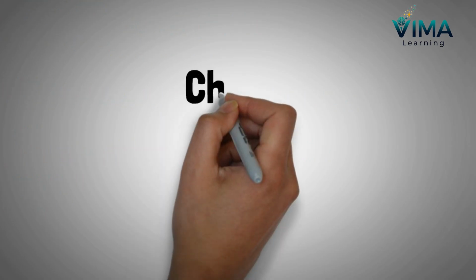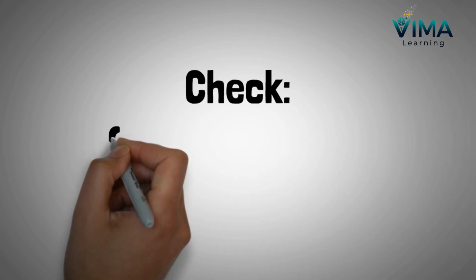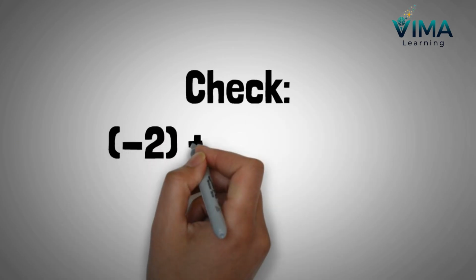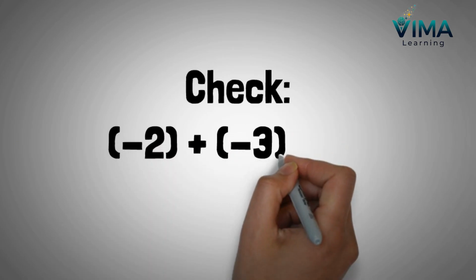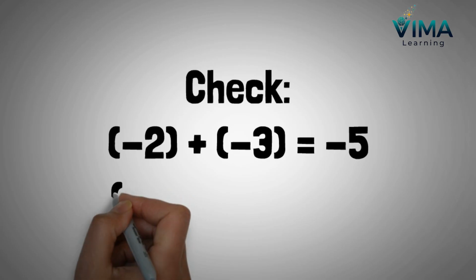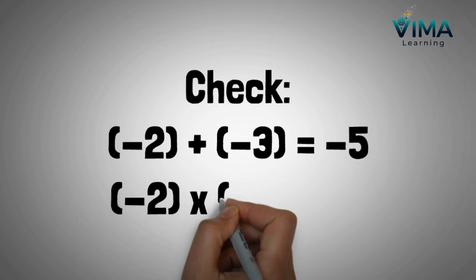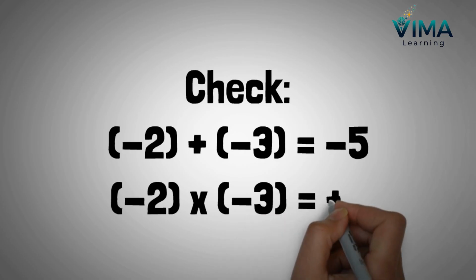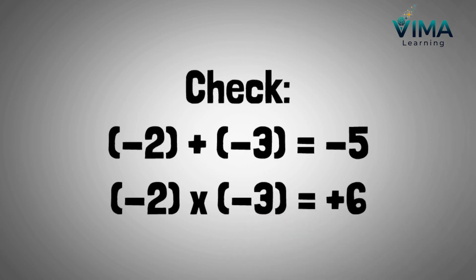If you do minus 2 plus minus 3, we are going to get minus 5, because minus times plus gives us minus. So if we open the bracket, it becomes minus 2 minus 3, which is minus 5. If we multiply them together, minus 2 times minus 3, we're going to get plus 6, because minus times minus gives us plus. So now we've gotten our two numbers.